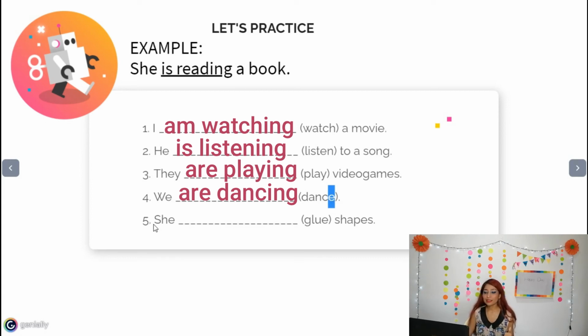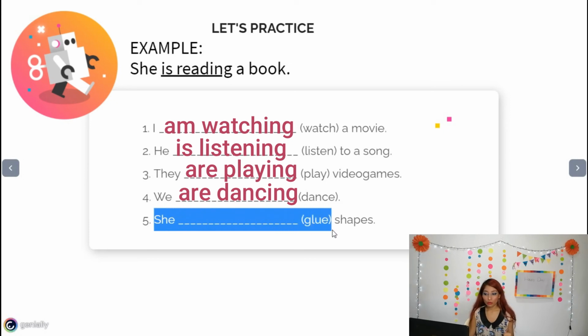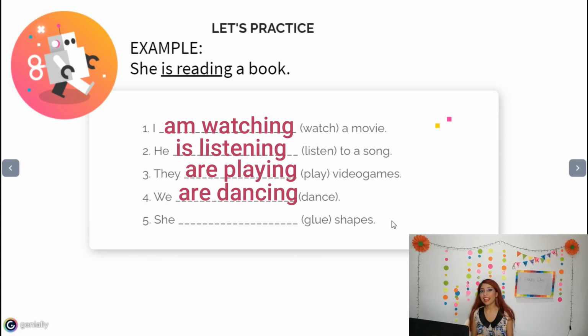And the last one says she blank glue shapes. This is the last one. So you might tell me your answer aloud, en voz alta. If your answer was she is gluing shapes, it is perfect.